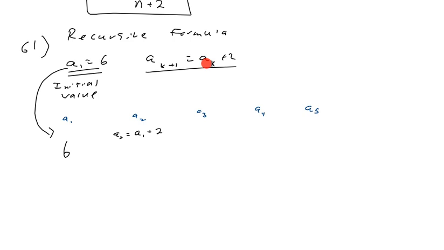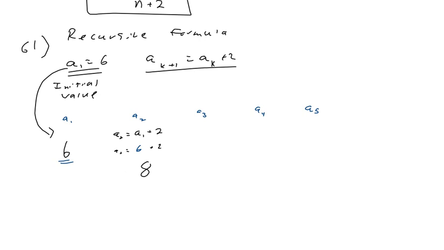A sub 1 plus 1 is A sub 2, is A sub 1 plus 2 more. A sub 1 is 6, right? So A sub 2 is 6 plus 2. And that becomes 8. So 6, then 8.